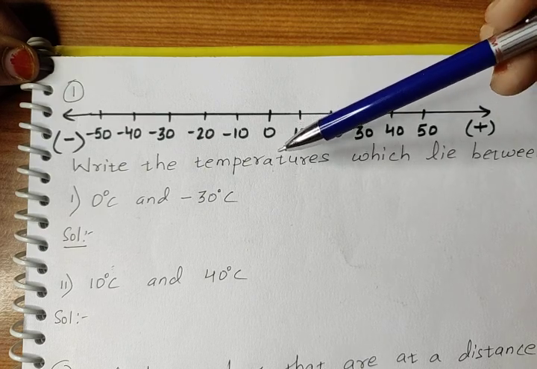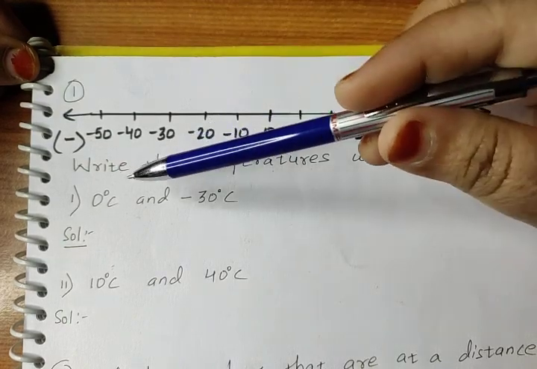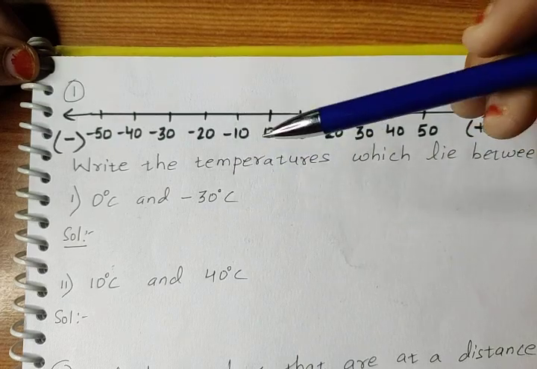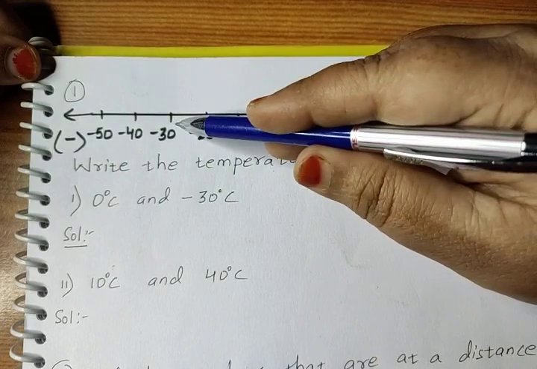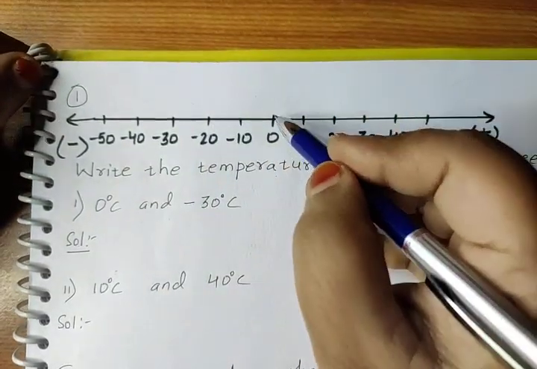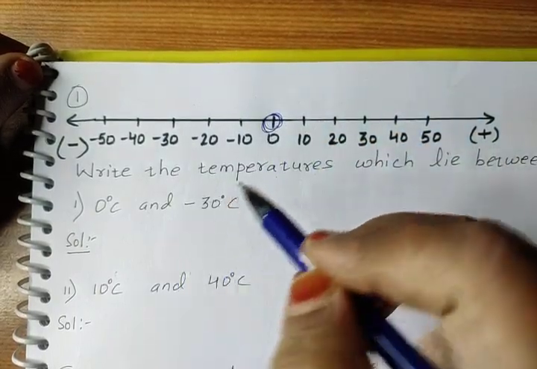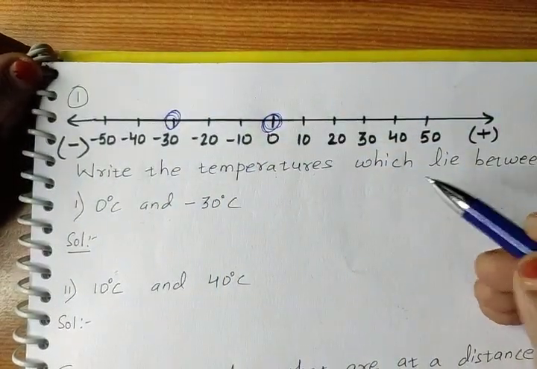Now what is the question? Write the temperature which lies between 0 degree Celsius and minus 30 degree Celsius. This is 0 degree Celsius, and this is minus 30 degree Celsius.